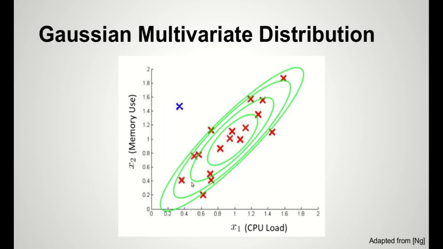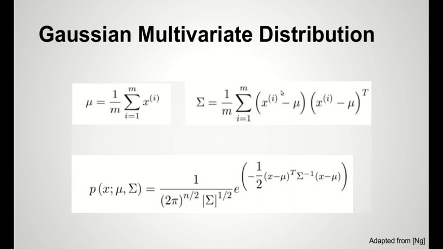And the formula to calculate the p of x, now instead of calculating each probability, we do it all at once with this formula where this is a vector and this is a matrix, and this is our new data that we want to classify as anomalous or normal.